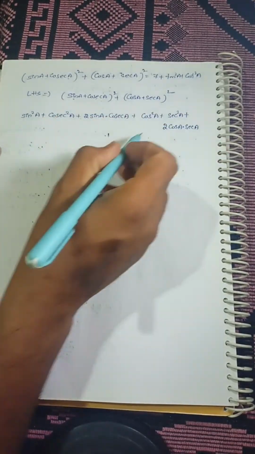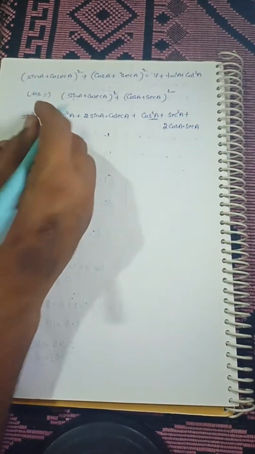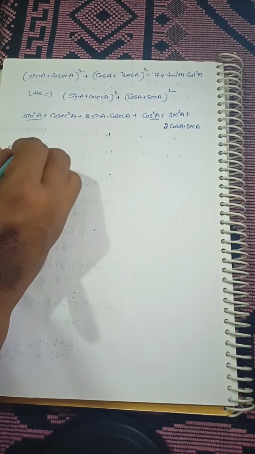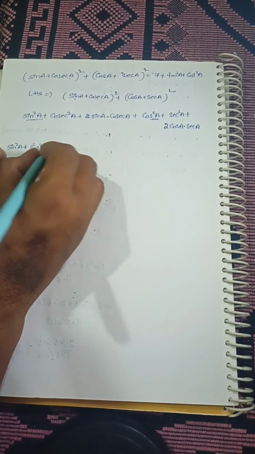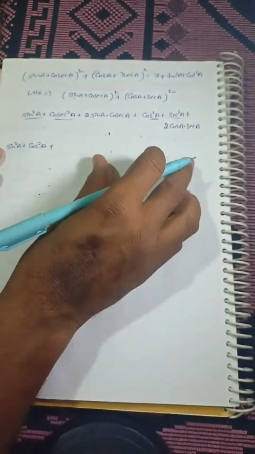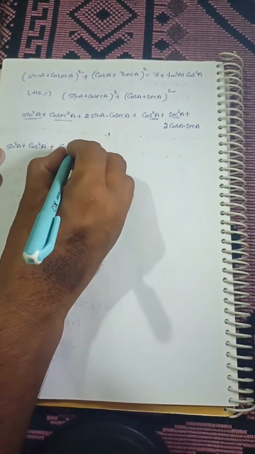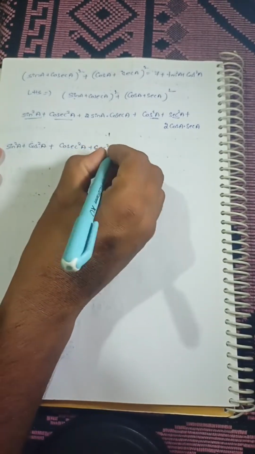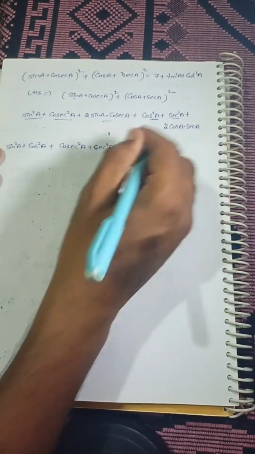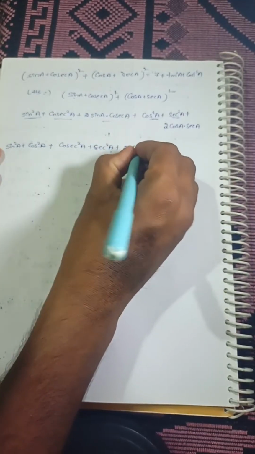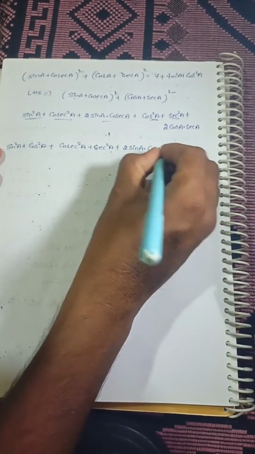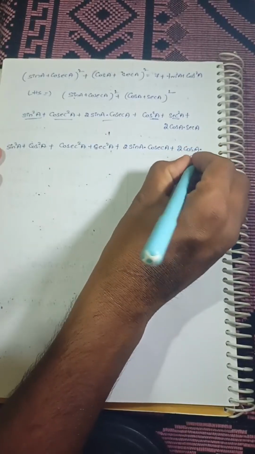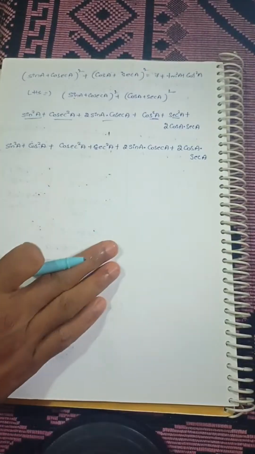Now see, first we are writing sin square a and cos square a at one side, that means sin square a plus cos square a, plus cosecant square a and secant square a we are writing at one side, plus these two we are writing at the corners, that is 2 sin a into cosecant a plus 2 cos a into secant a. There is no place, that's why I am writing it down.